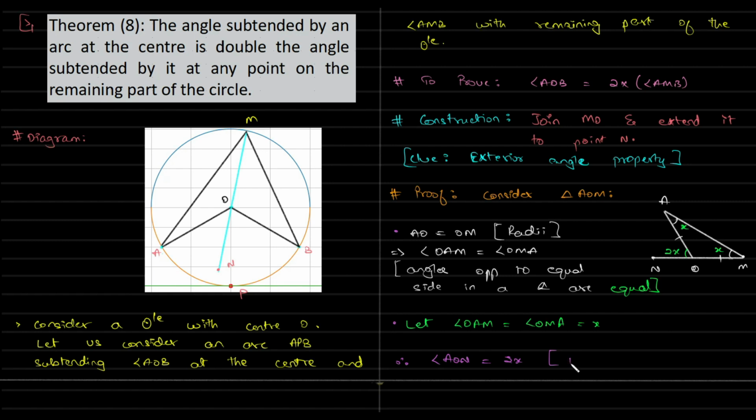Why is it so? Exterior angle of a triangle, because of that. Right? So exterior angle is equal to sum of interior opposite angles. So we have AON is the sum of OAM and AMO.